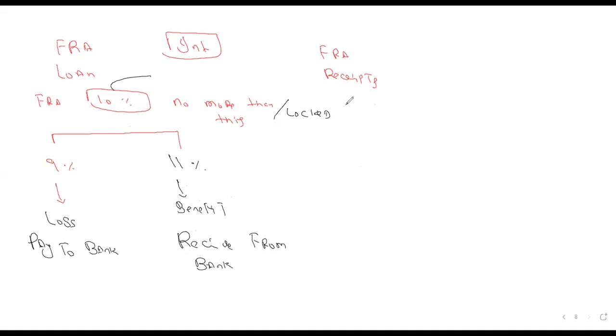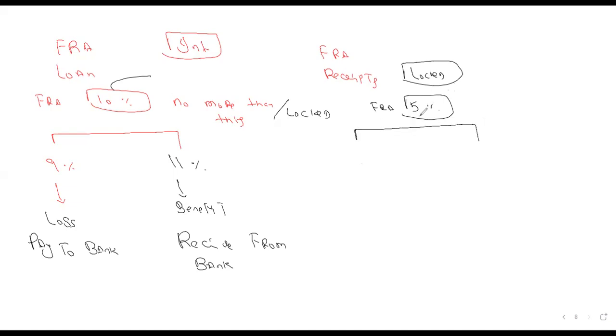And when it is a case of the receipts, for example, the FRA, I have booked at 5%. It means I have locked my position at 5%, that below this I will not accept because this is a receipt.